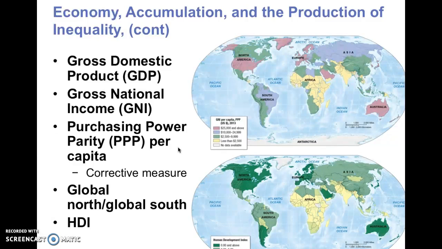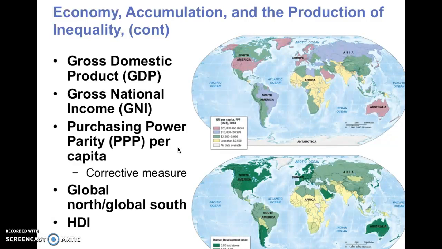Purchasing power parity is per capita. And what this really means in the simplest terms, it's what you can buy for your money. Now, what it costs to live in the US, or say California, is considerably different from the Midwest part of the country. The cost of housing, the cost of food, the cost of gasoline, utilities, everything.